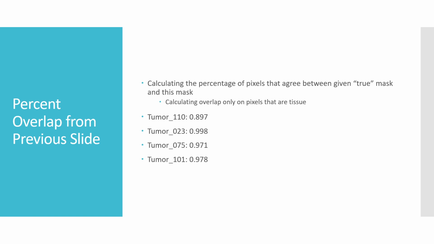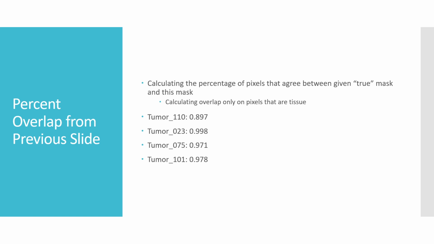So this is the percent overlap from the previous slide. I calculated the percent overlap based on the pixels that were tissue. I excluded any overlap with pixels that were non-tissue because they're automatically going to be excluded from the images that I generated, so they'll be automatically predicted as 0, and I feel like that would just skew the overlap to be really high and not tell us anything.